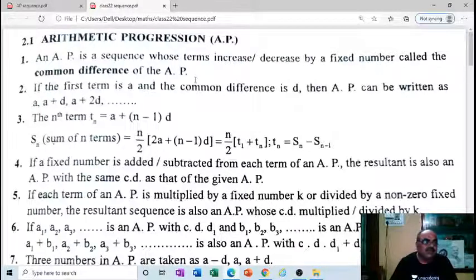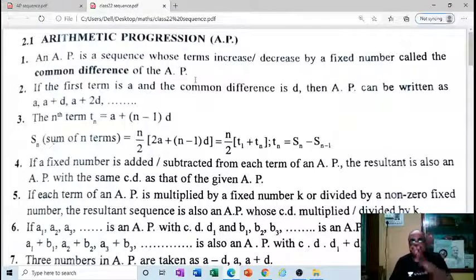The nth term of this is considered as Tn is equal to A plus (n minus 1) into D. That is going to give you the nth term of an AP.